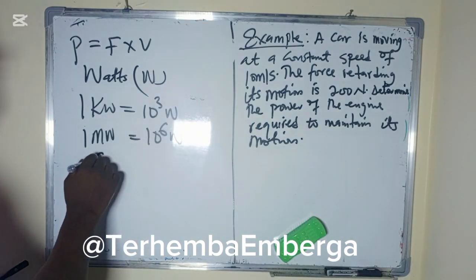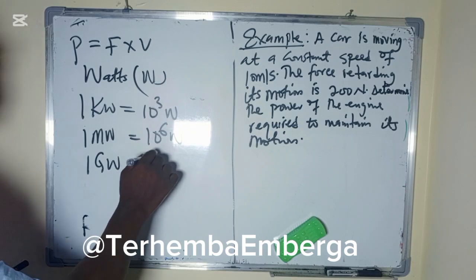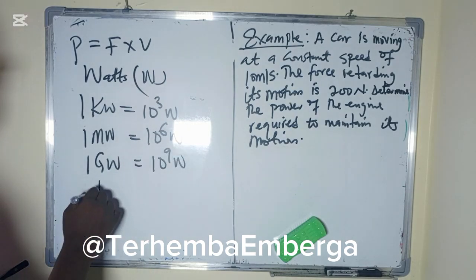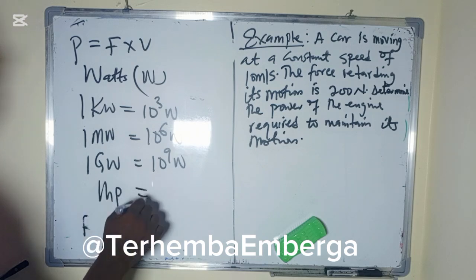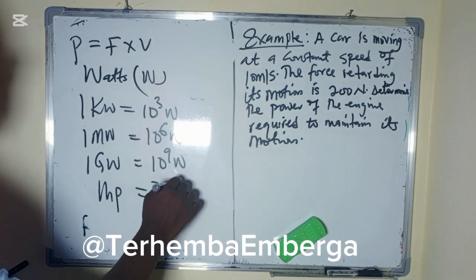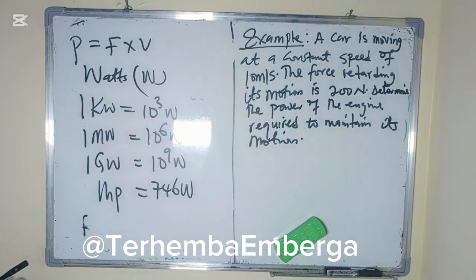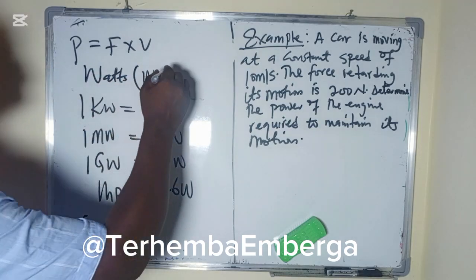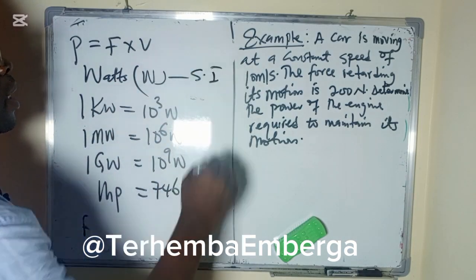And 1 gigawatt is equivalent to 10 raised to the power 9 watts. And we know that 1 horsepower is equivalent to 746 watts. So all these are the units of power, but the SI unit of power is watts.